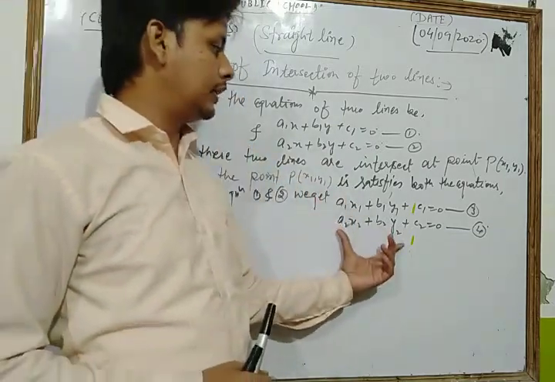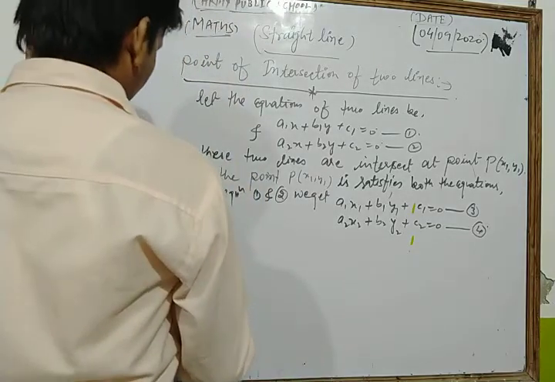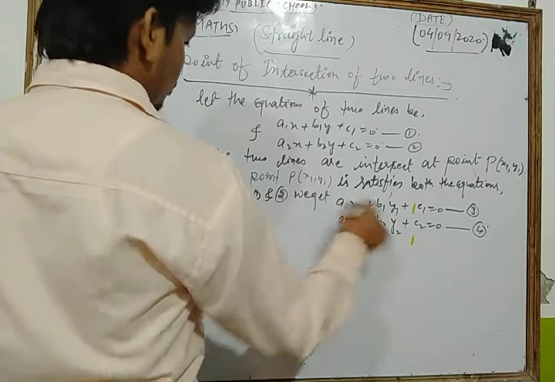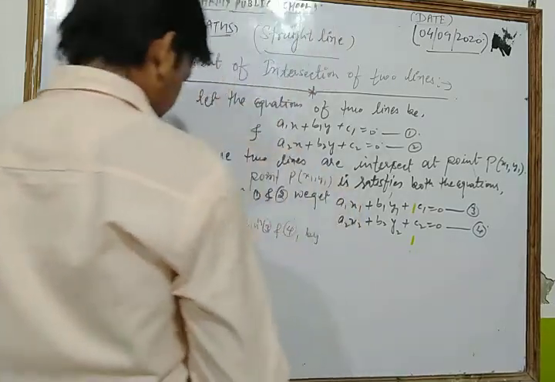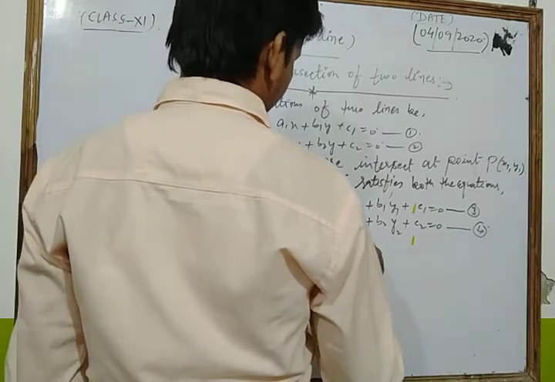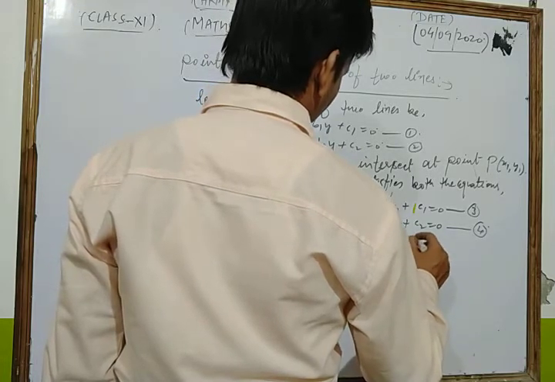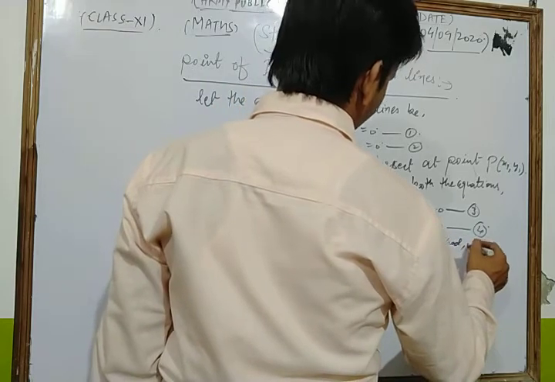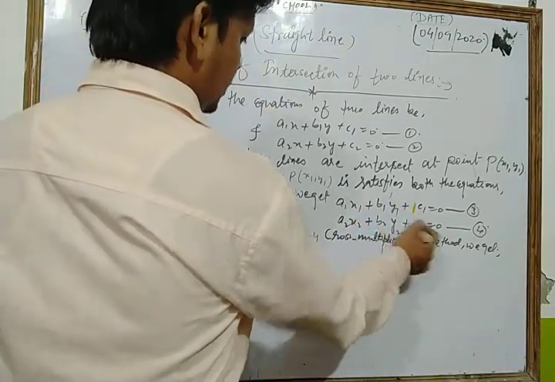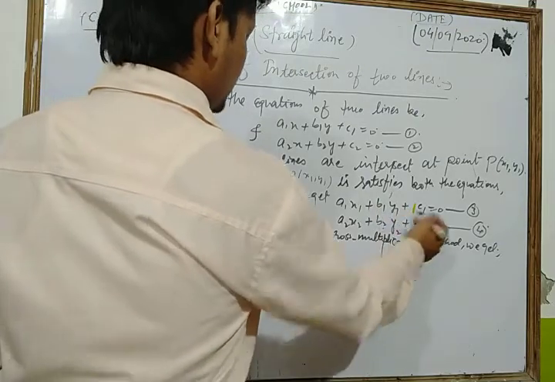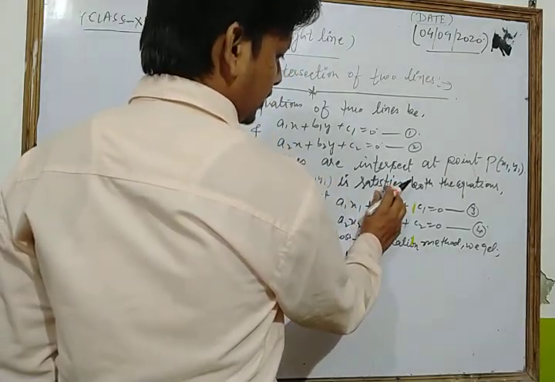Now, after solving equations 3 and 4 by the cross multiplication method, we get, let's see, we take first x1, so x1 upon b1 c2 minus b2 c1 is equal to, we take y1 as minus, so that is eliminated.